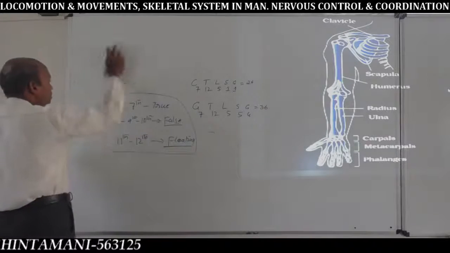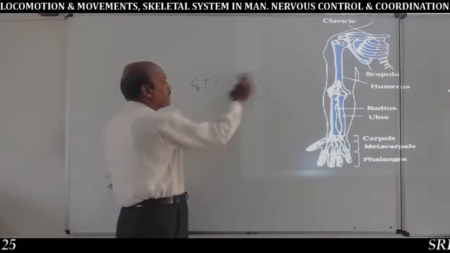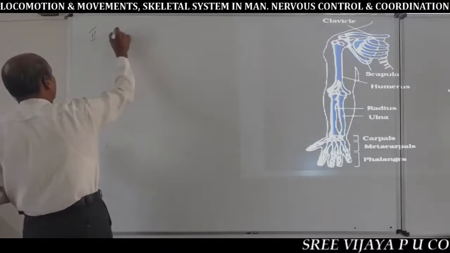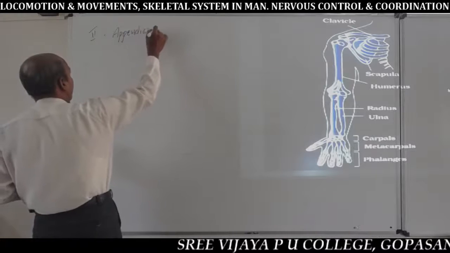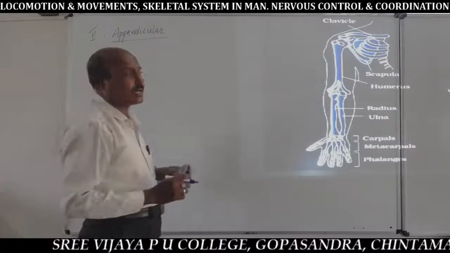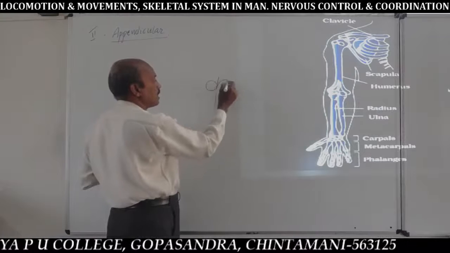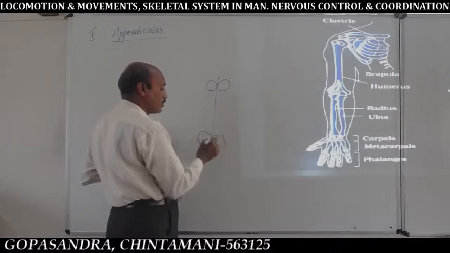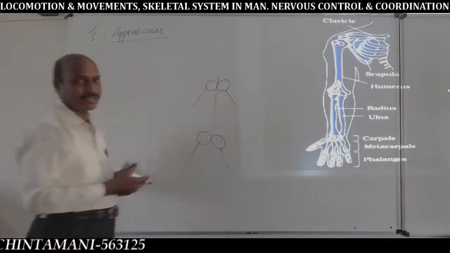Next to the axial skeleton is the appendicular skeleton, the second major part of the skeleton.